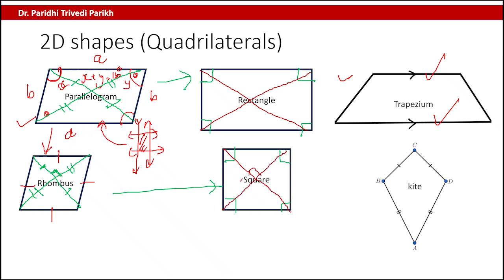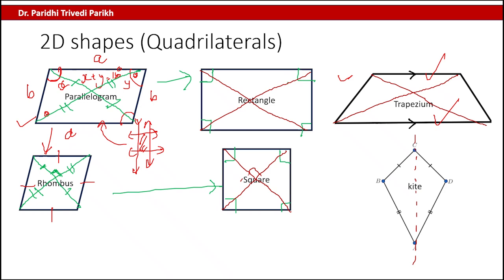When we talk about the trapezium, diagonals of trapezium do not bisect each other and definitely not intersect at 90 degree. When we talk about kite, kite is a special kind of a quadrilateral which is not symmetrical at all sides but only one side. But we can create symmetry like this. Okay.